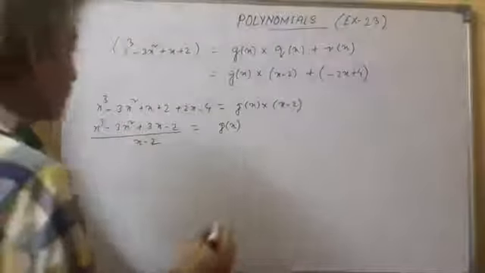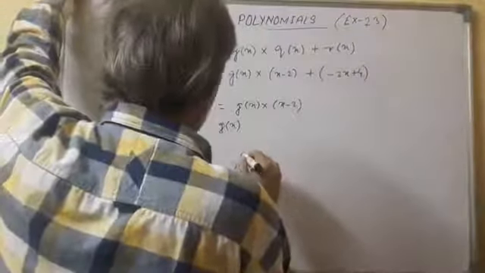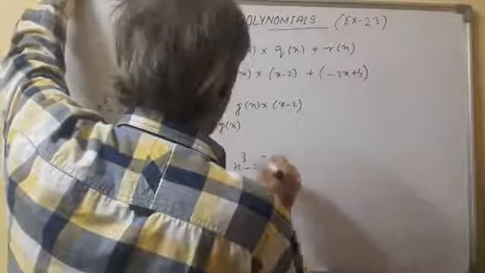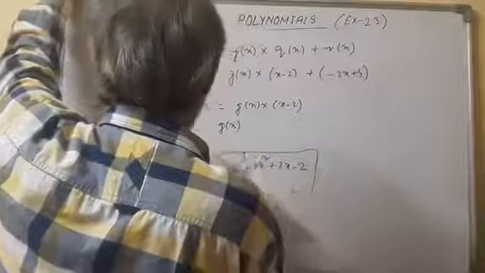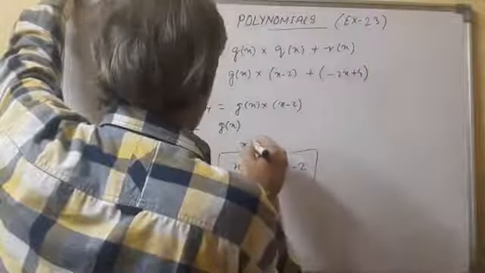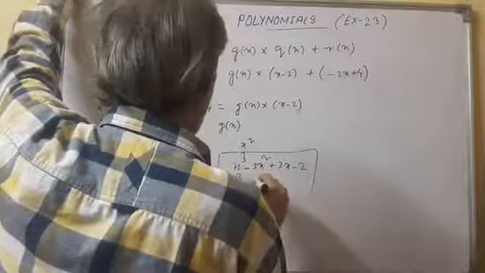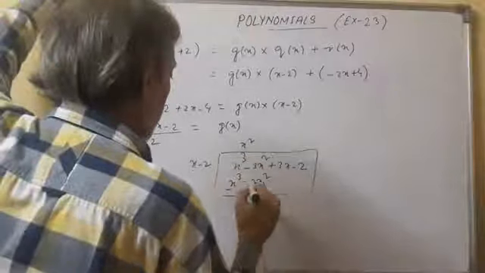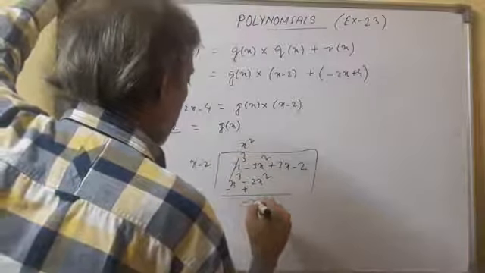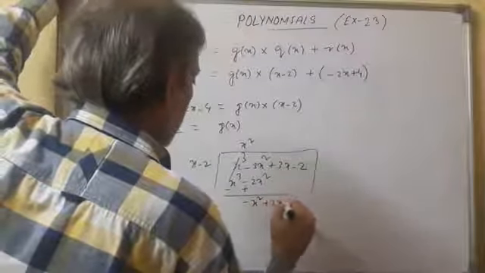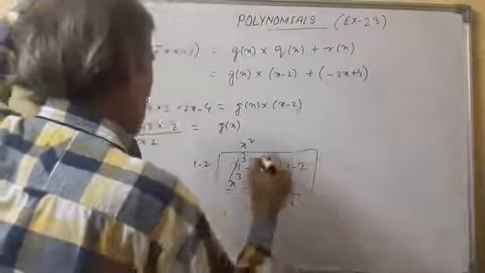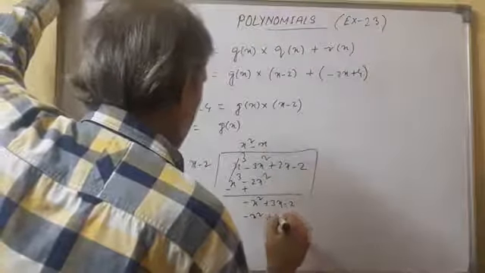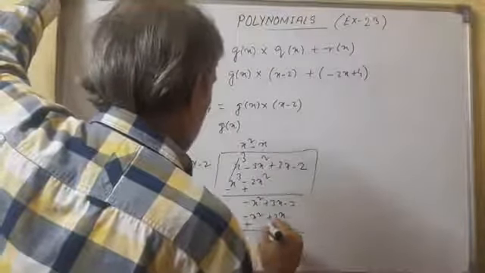So divide this by x - 2. Change the sign.